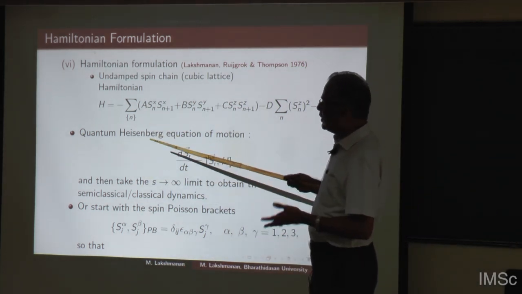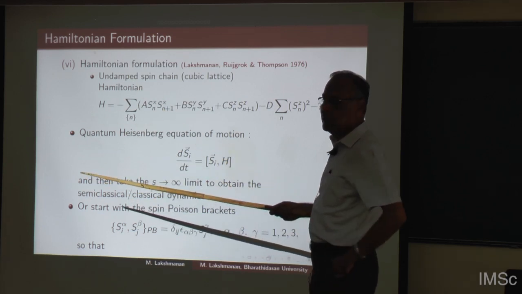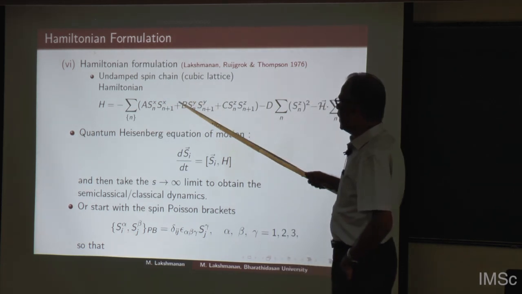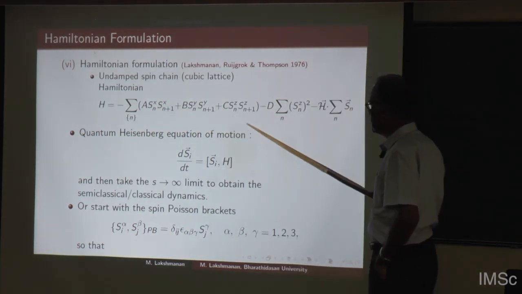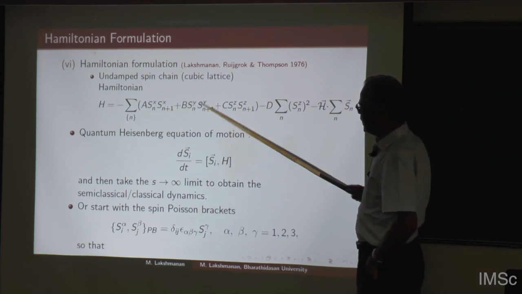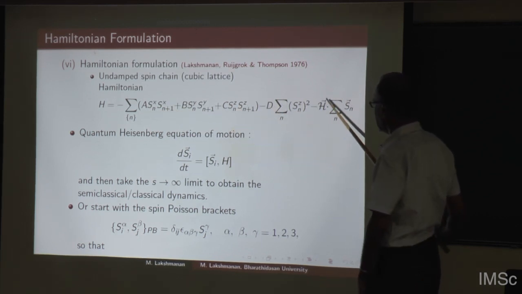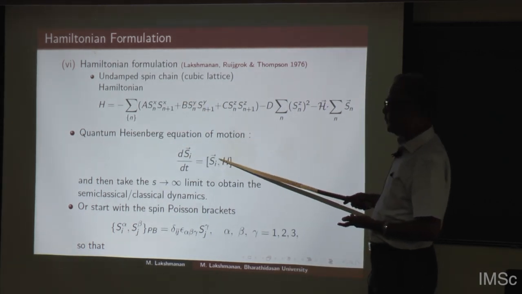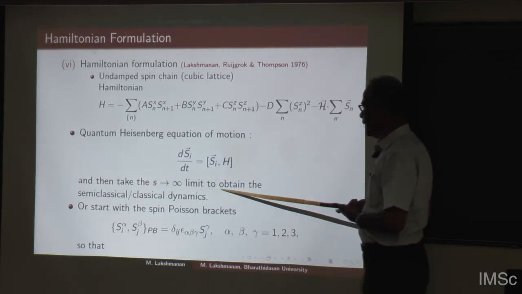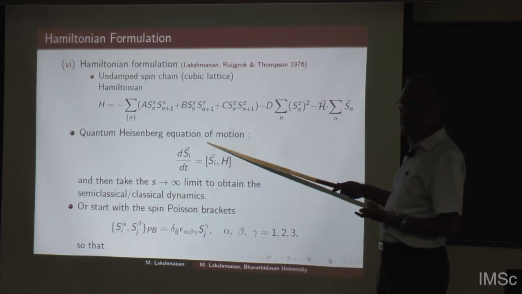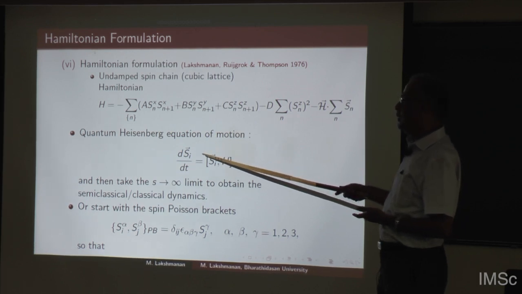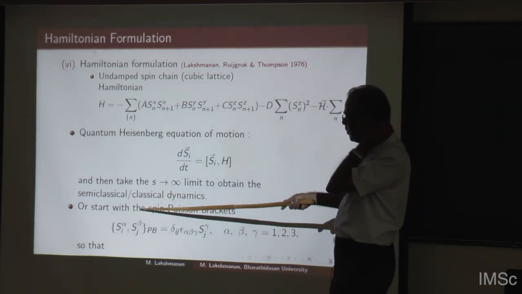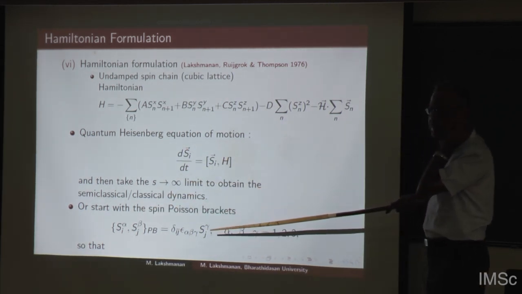You can also show that these equations arise from a Hamiltonian formulation. So you consider an undamped spin chain with the Hamiltonian, corresponding to anisotropy A, B, C, and on-site anisotropy, external magnetic field. You write down the quantum Heisenberg equation of motion associated with this equation, and then take the S tends to infinity limit to obtain a semi-classical or classical dynamics of this equation. So you can get the underlying spin evolution equation, or start from the beginning itself with spin Poisson brackets.